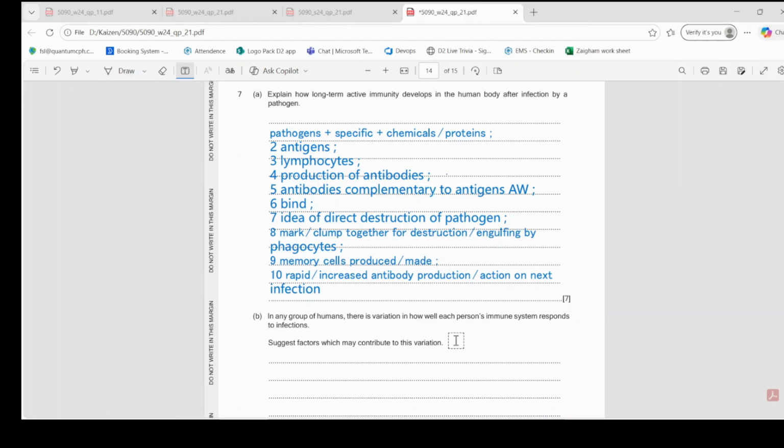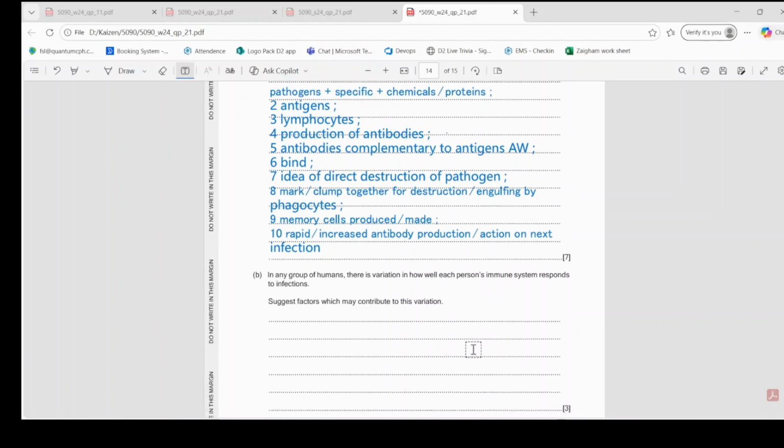They get attached and form an antibody antigen complex, and they can destroy them after clumping, or the fragments can be engulfed by phagocytes. You need to mention memory cells, because it's written long term active immunity. So why long term? Because there are memory cells, so this word is very important.